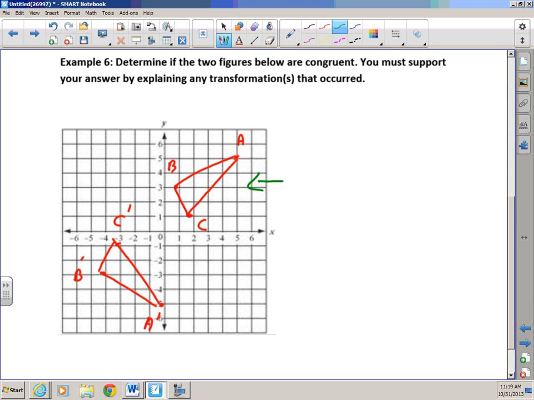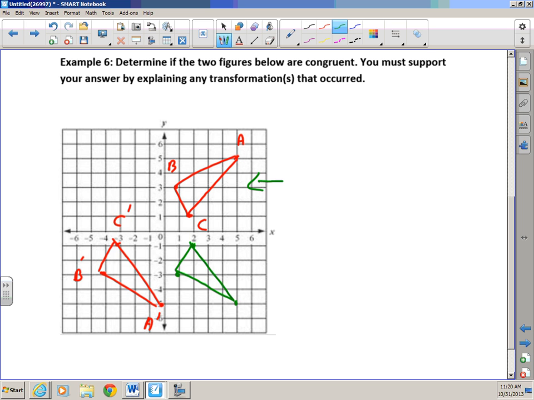So let's say I reflected this in the x-axis. Where would I end up? Well, new C would be (2, -1). New B would be (1, -3). And new A would be (5, -5).